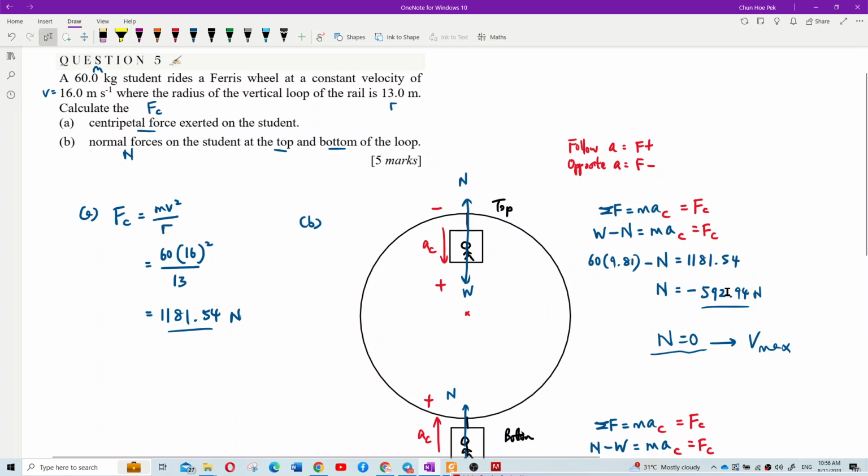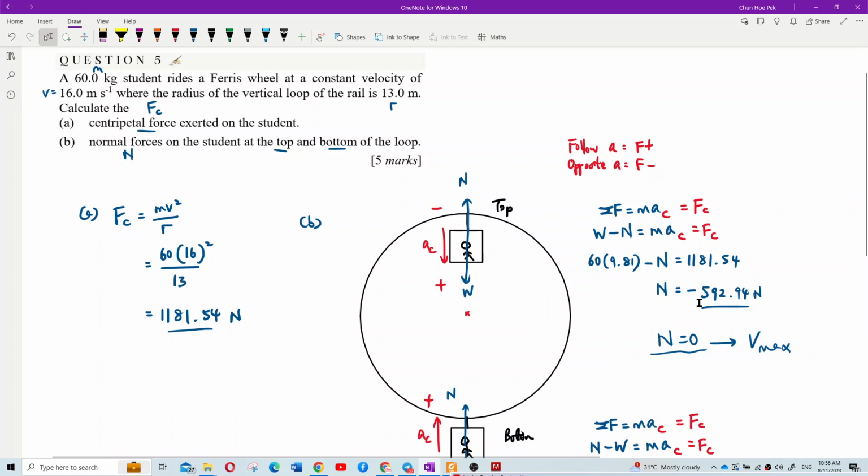This one, the 16, is even higher than the maximum speed, so you shouldn't get a negative value. Actually it should be zero normal force. The speed is too fast, and the person is flying inside the Ferris wheel already.